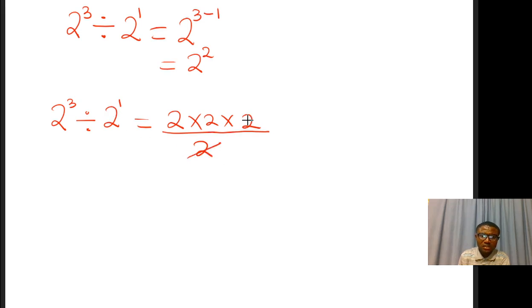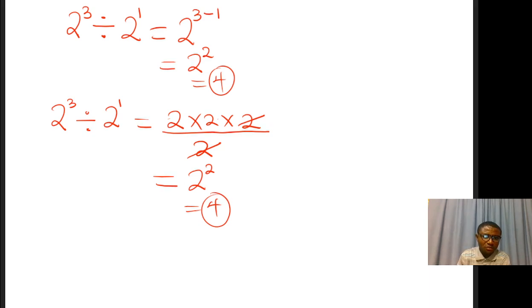So we cancel this, and we'll have 2 times 2, which is 2 squared also. So this is 4. This one is also 4, right? So this is it for the quotient rule.